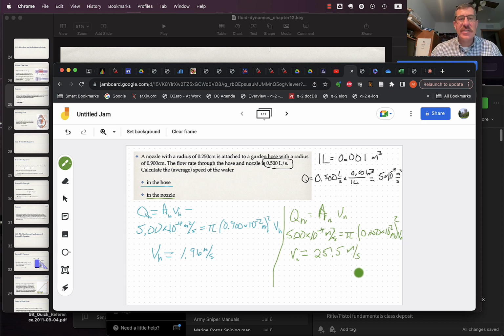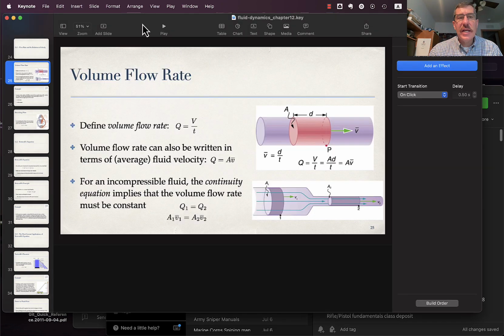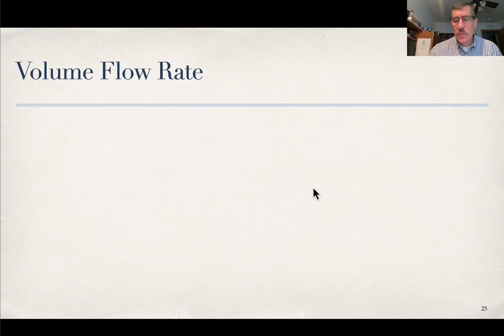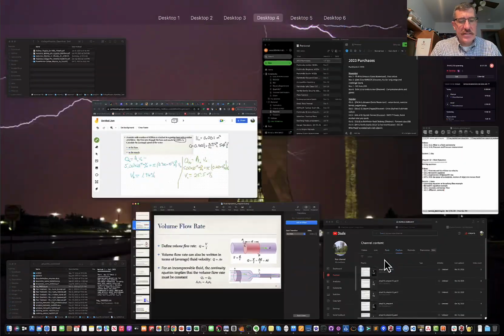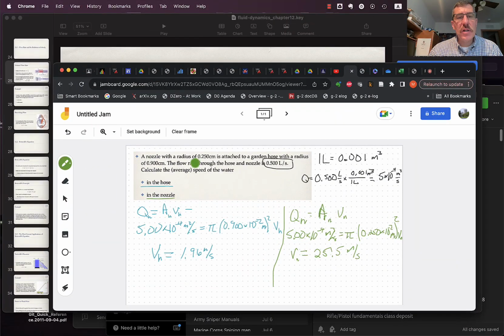So this makes sense because remember what we saw in the slide previously, that when the area gets small, the speed has to get big. And in fact, that's exactly what we see in the example. The nozzle has a smaller radius, so a smaller area. So the radius got smaller, and then the speed of the fluid got bigger.